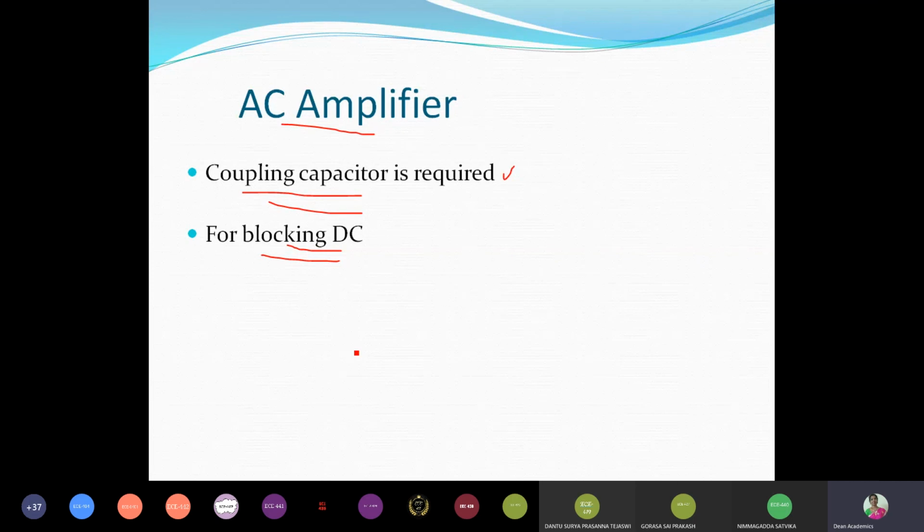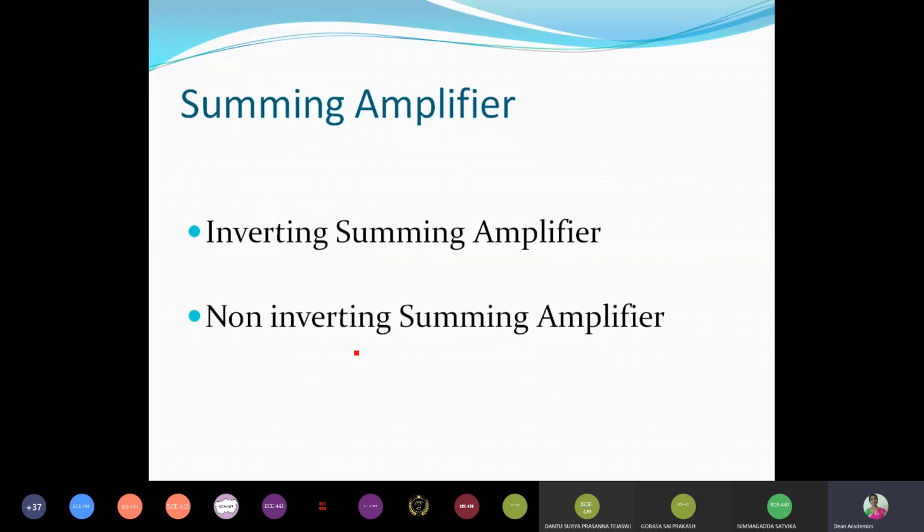Wherever we want to block DC, we connect a capacitor. That capacitor we call a blocking capacitor. Remaining things are everything the same. So that is about DC amplifiers and AC amplifiers.